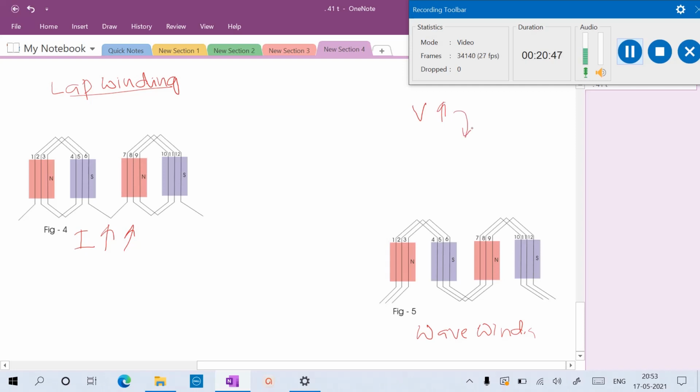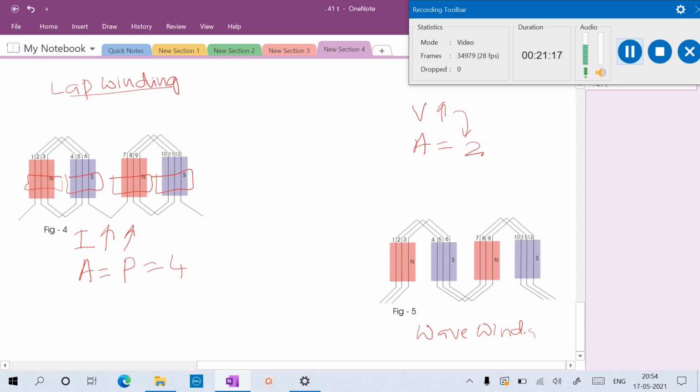Now the number of parallel paths: for lap winding, A is equal to P, the number of poles. For example, this is one pole, another pole, another pole, another pole, so P is equal to 4 poles and parallel paths are also 4. Whereas in wave winding, the number of parallel paths A is a constant, 2 only.